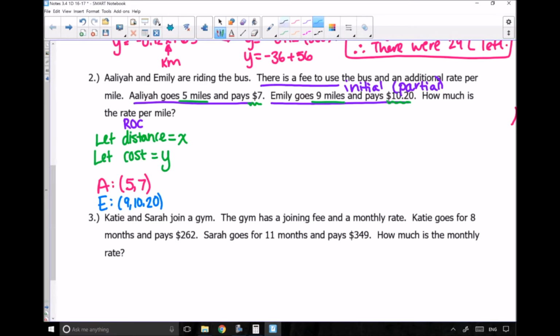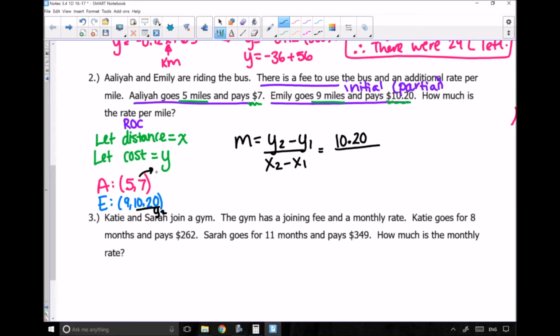Well, now that I've done that, I can just use my slope formula. So m equals y2 minus y1 over x2 minus x1. So this is my second coordinate and it's my y value. So my second y value is $10.20.